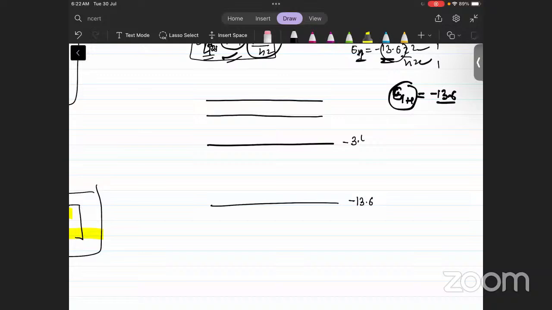Now what is the difference between the first excited state and the ground level? What will be the difference in energy? It is 10.2.